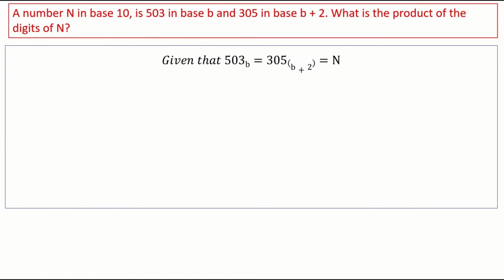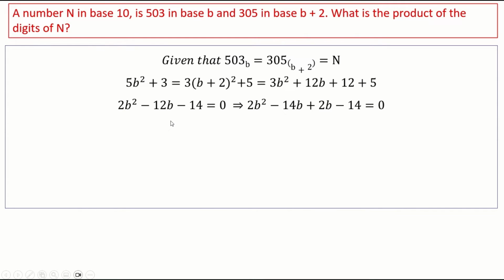Given that 503 in base b equals 305 in base b plus 2, which is equal to n, you expand the form into decimal. It becomes 5b square plus 3, because the middle term's value is 0, and here it is 3b plus 2, whole square plus 5, which is 3b square plus 12b plus 12 plus 5.